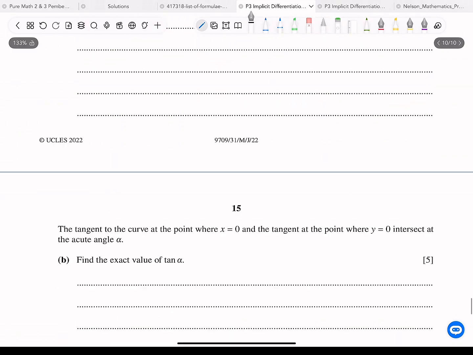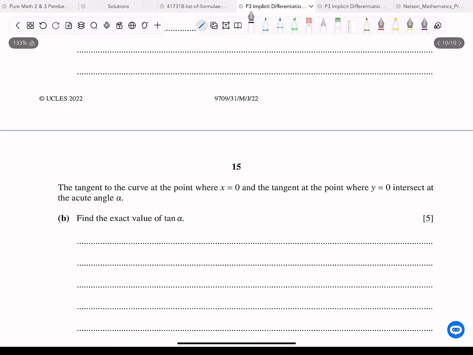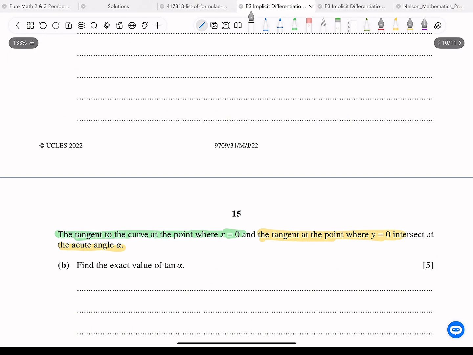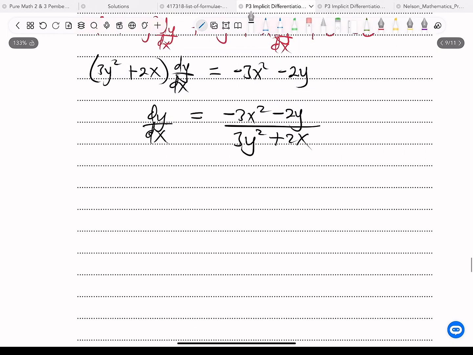The next thing says that there is a tangent to the curve at x equals 0. And then there's also a tangent to the curve at y equals 0. Okay, and these two will meet at an acute angle. So we should find the tan of the angle. So that's fine. We need to bring out our dy/dx.